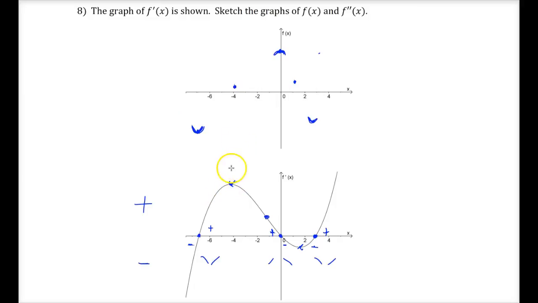Now, we notice here that this peak is telling me that the graph of the original function stops increasing. So the slopes of the tangent line stop getting more positive there. So that means that I would need to draw, yeah, I messed that up pretty good, didn't I? So let me erase all of that. Try that again.